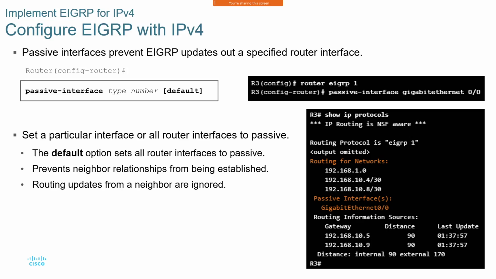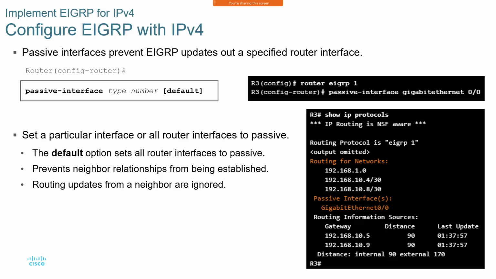This is a useful command if you know that a certain router interface is not going to be connecting to another router, but it's always going to be connected to a local area network. You don't need to send EIGRP messages to a local area network because you have no other router in the local area network. So in order to make sure this is not going to happen, because after all, EIGRP will just consider that it can send hello messages on all the interfaces.